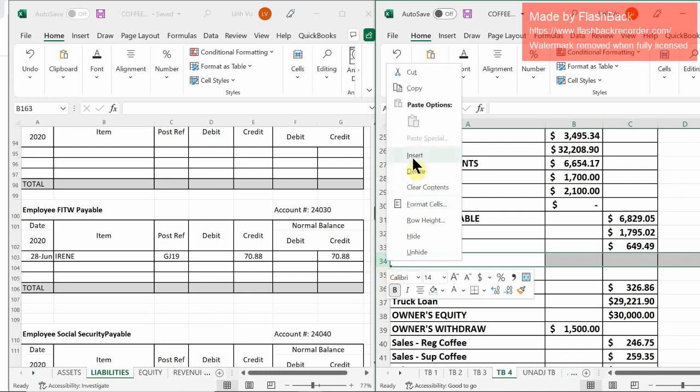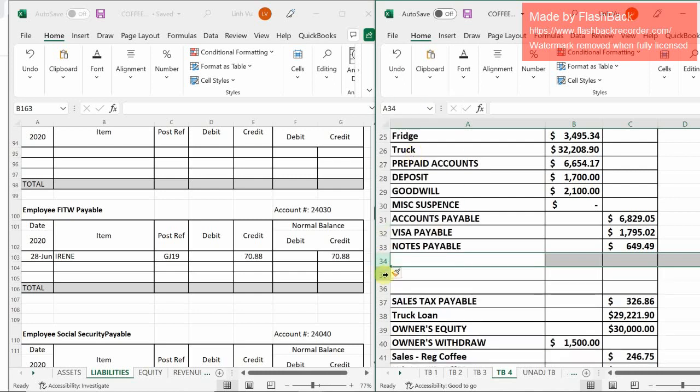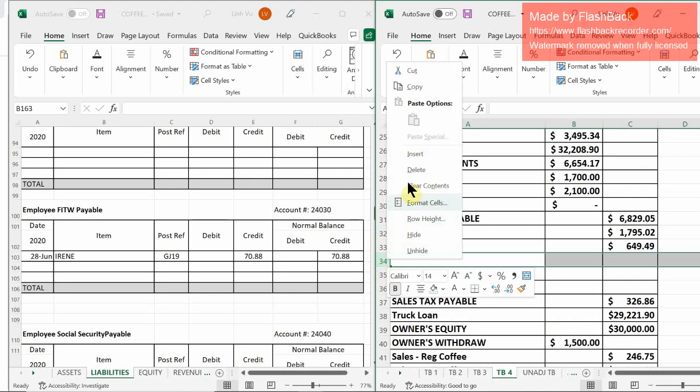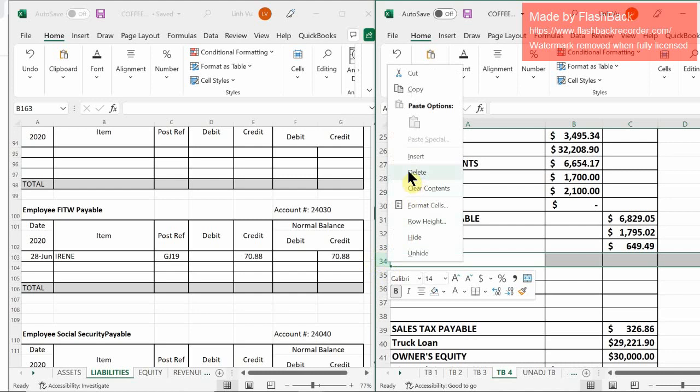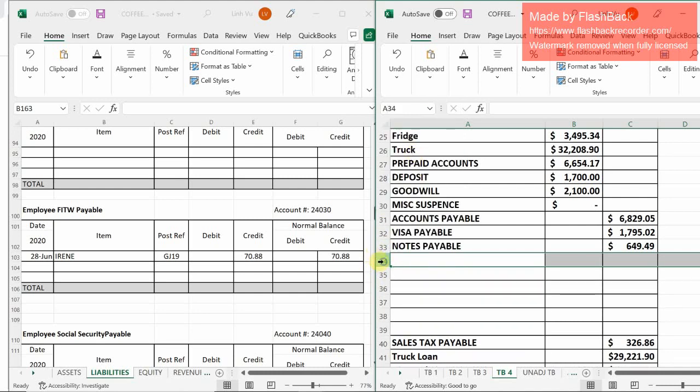So I'm going to go ahead and insert a lot. So I got FITW, I got Social Security, Medicare, FICA, FUTA, SUTA, and workers' comp.